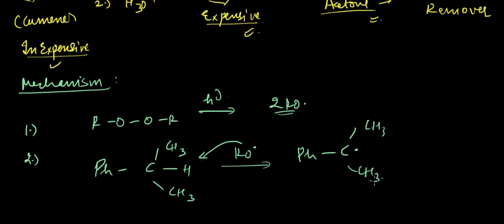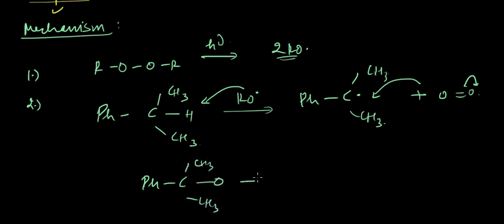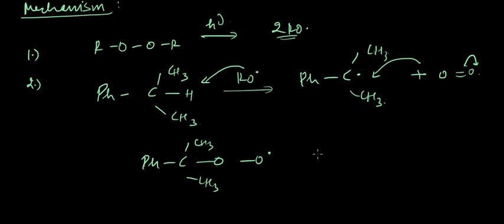So what next would happen is, we have also passed oxygen in h nu, right? So this dot would be attacked by oxygen, and this bond would be broken up, and we'll get something like CH3 and CH3 here, and O dot here.